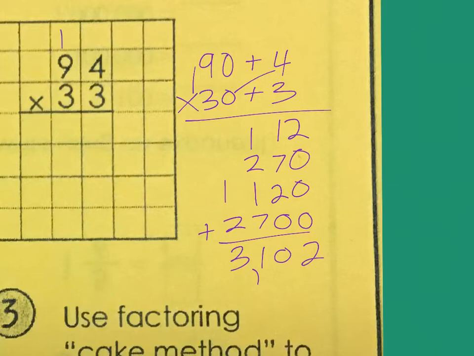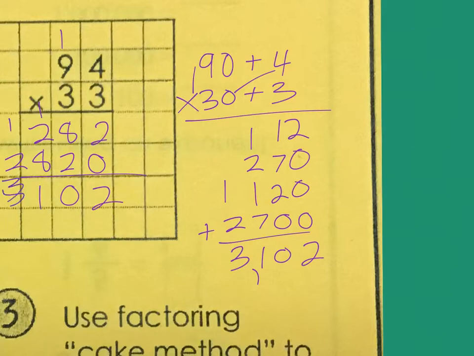So 4 times 3 is 12, 27, 28. Put a 0. 3 times 4 is 12, 27, 28. So 3,120. So, whatever way you prefer.